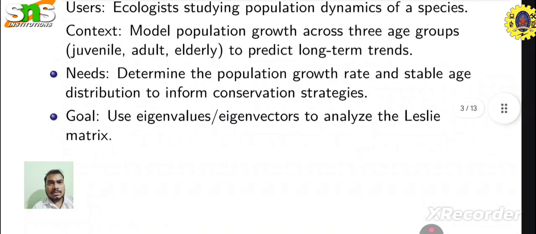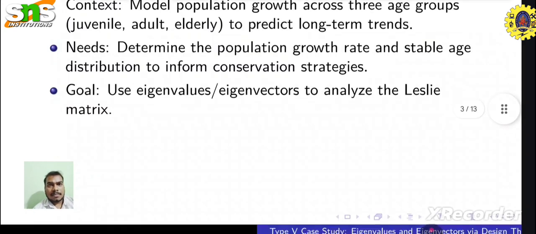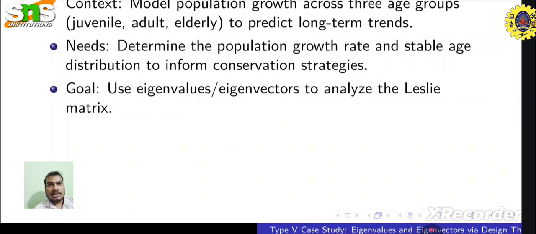The need is to determine the population growth rate and stable age distribution to inform conservation strategies. The main goal is using eigenvalues to analyze the Leslie matrix.